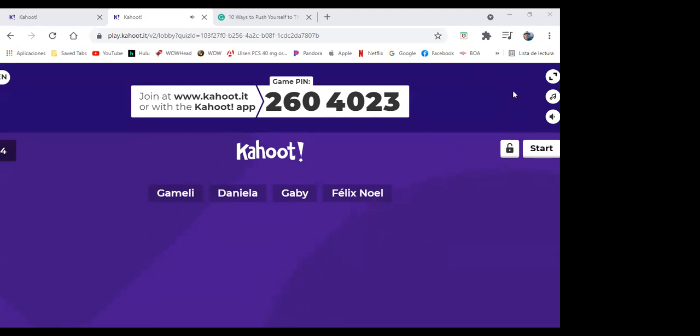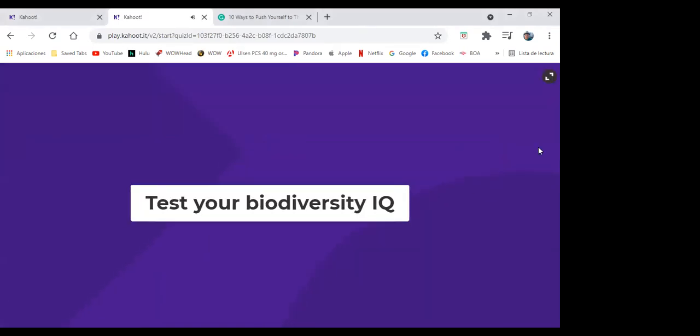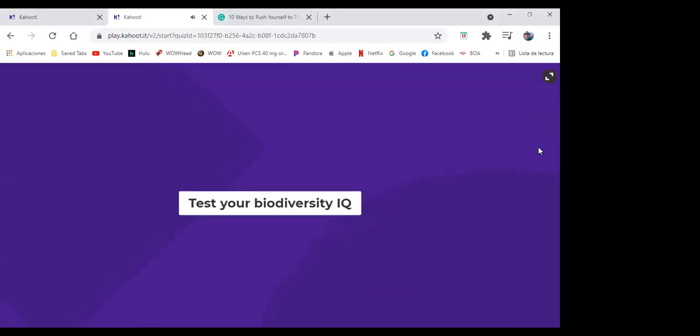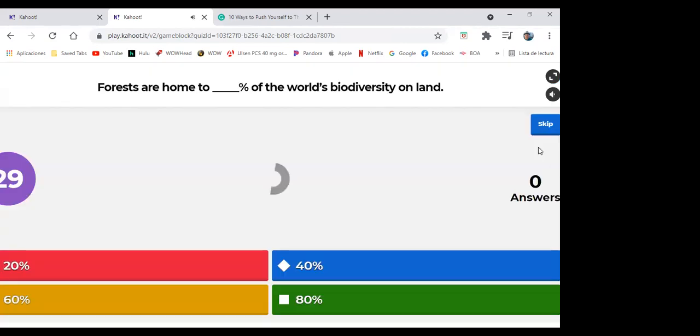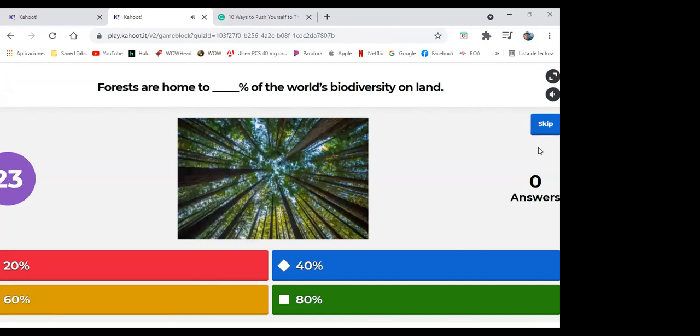Let's start the game. Hold on, please. Okay. Forests are home to what percent of the world's biodiversity on land?